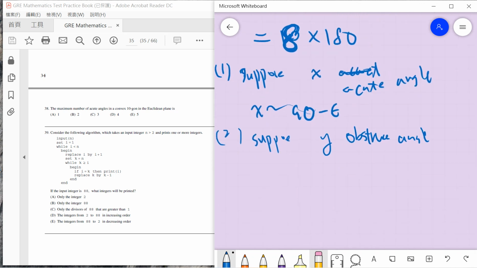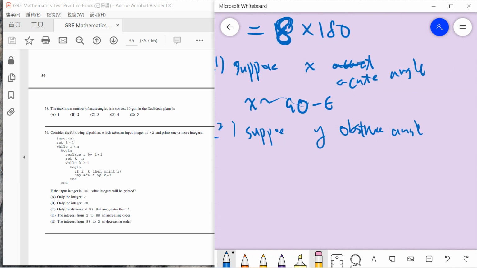Since we need to maximize the acute angles, the obtuse angle cannot be larger than 180, so I write 180 minus epsilon.